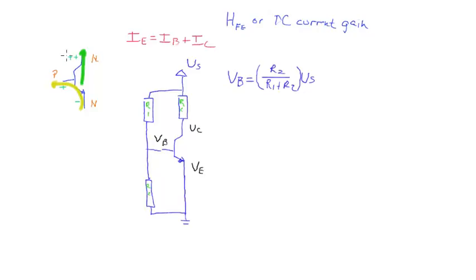So we could give this some values if we like. We could say that R1 is equal to, I don't know, let's say it's 2K ohms, and R2 is 5K ohms, right?